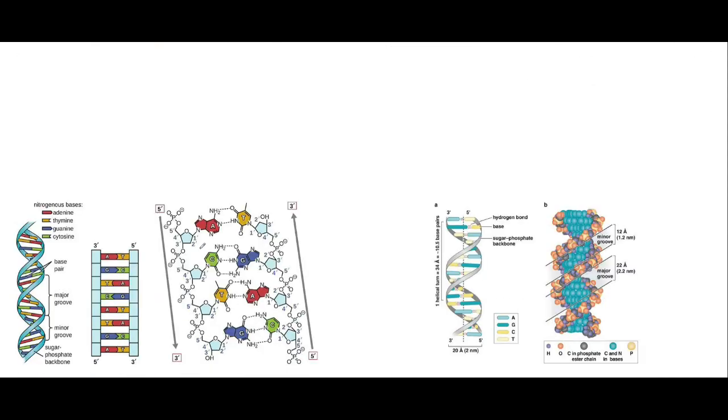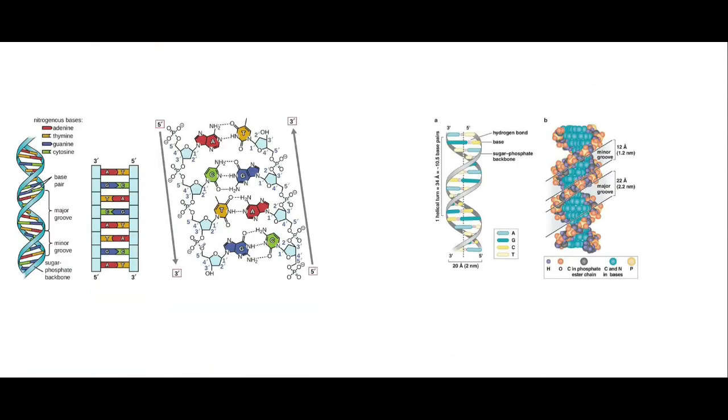All right, so let's move on to the actual structure of DNA. And DNA has a structure that's well conserved, and that's because of the way that these base pairs pair up.